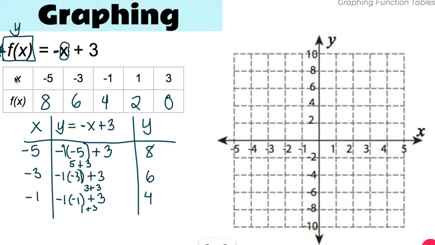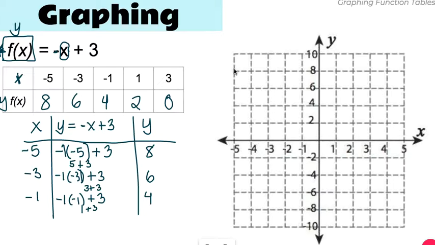So now we're going to plot our points. The top number is my x value, the bottom is my y value. Now one thing to note on your graph here: everything doesn't go by ones. My y-axis goes by twos, so be careful. My first ordered pair is negative 5, 8.